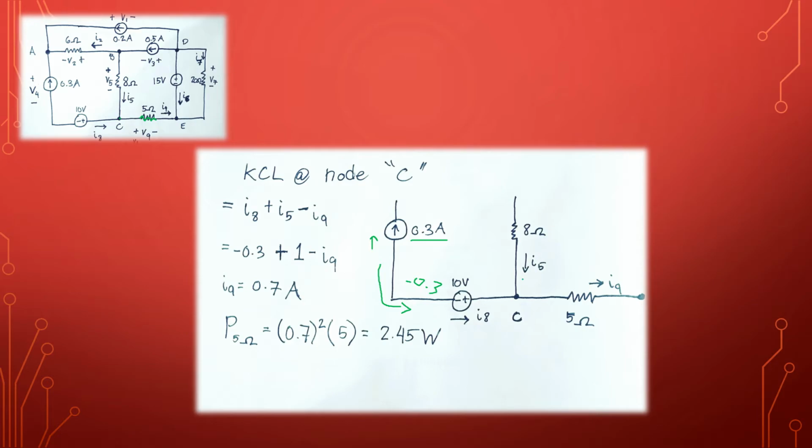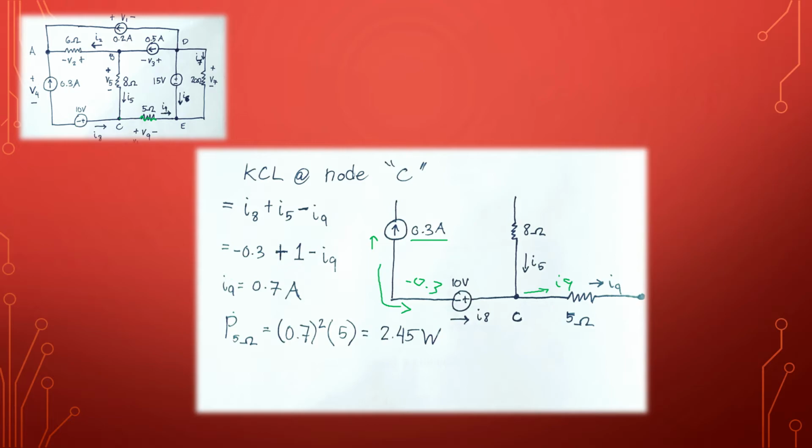And we have I5, which is also entering node C, and we already have the value of I5 from our previous slide: 1 ampere. Lastly, we subtract I9, since I9 is moving away from our node. Now we get this equation.